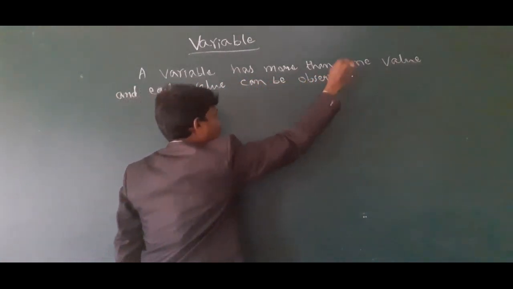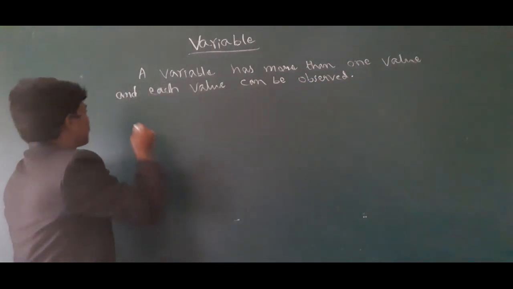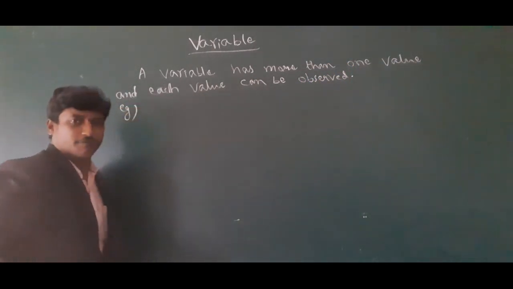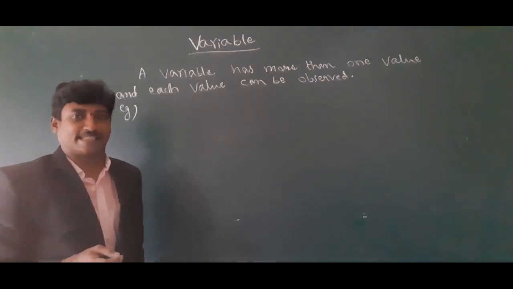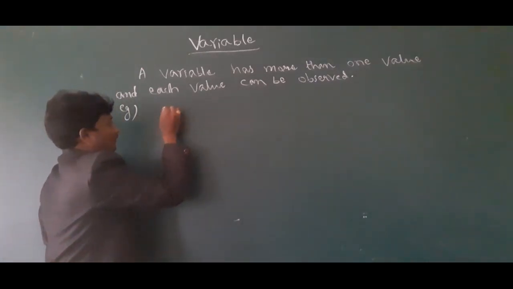Let's take one example. The government collects 3% GST on gold.